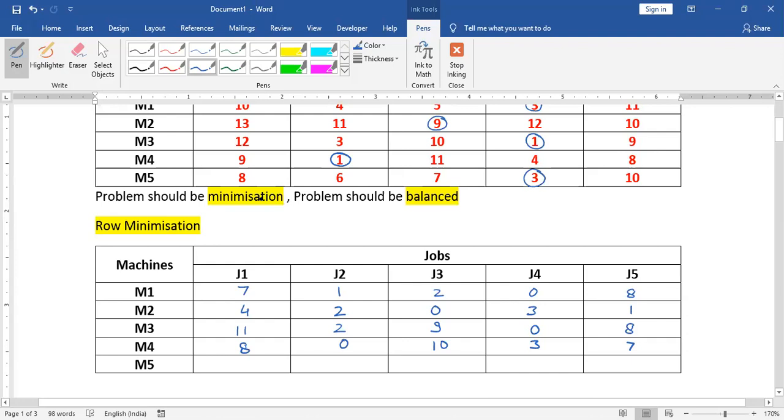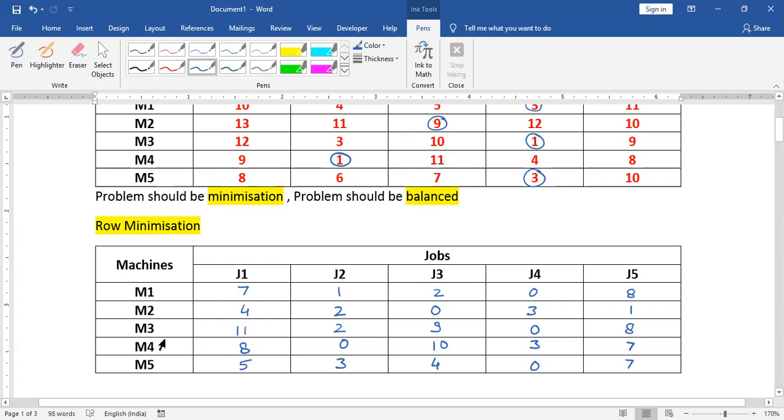And you will subtract 3 from each element of the fifth row. So 8 minus 3 is 5, 6 minus 3 is 3, 7 minus 3 is 4, and 3 minus 3 is 0, and 10 minus 3 is 7. This is called row minima.